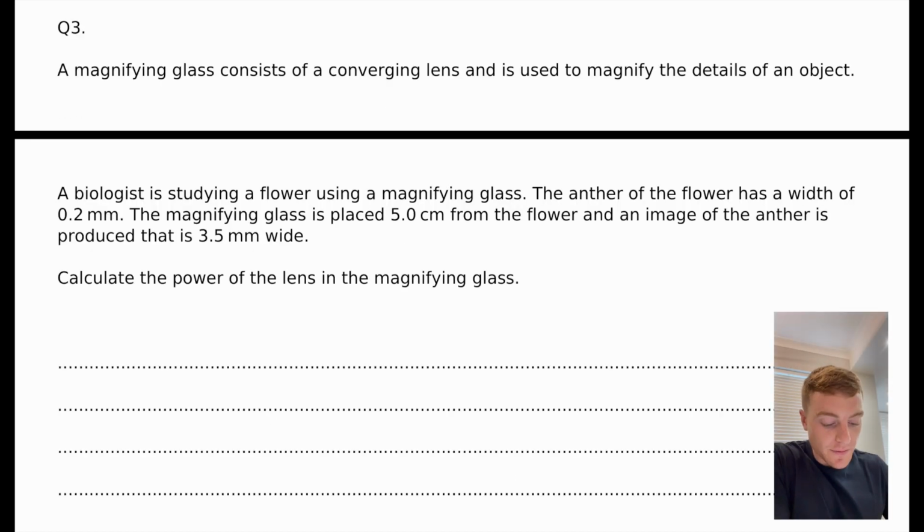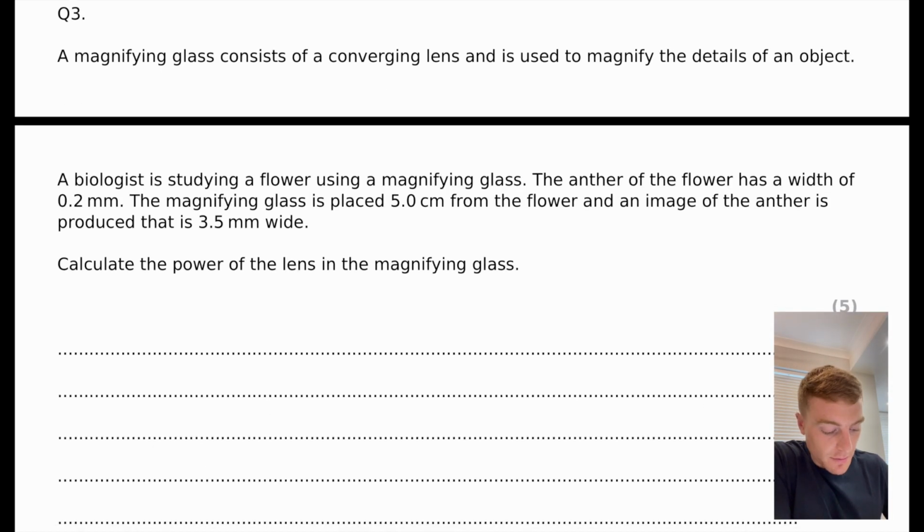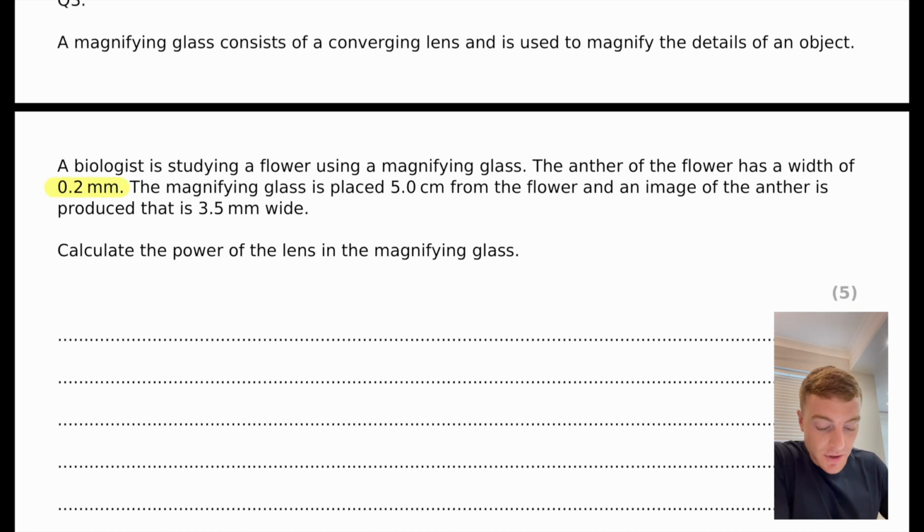Okay, again, pause the video and let's have a look at question 3. So it says the anther of the flower has a width of 0.2 millimeters. Okay, so again, just from repetition of questions, I can spot that that's going to be my object height, or my object size, 0.2 millimeters. The magnifying glass is placed 5 centimeters from the flower.